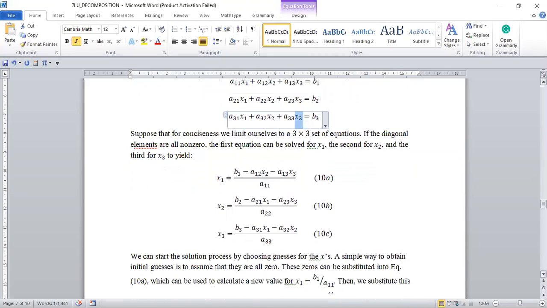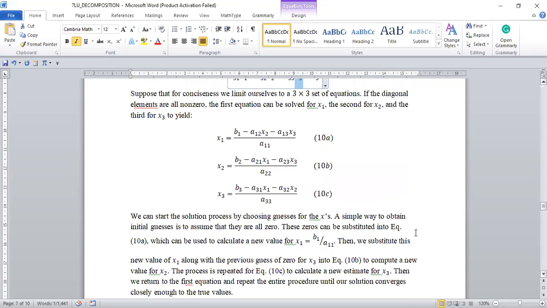Then after that, you are going to assume values for x2 and x3. First of all, you start with 0. So you want to get x1, then we are going to guess.